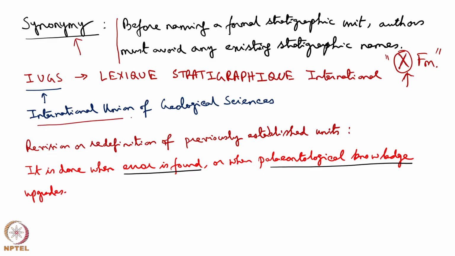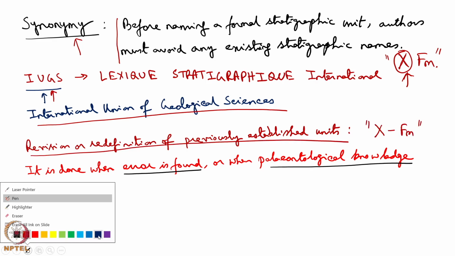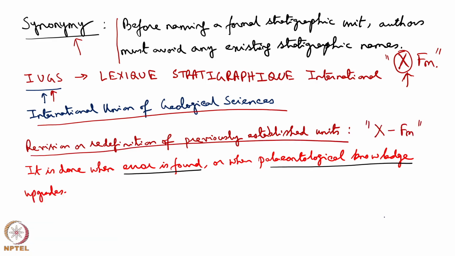The International Union of Geological Sciences, IUGS, is much involved in stratigraphic studies, synthesis, discussions. Revision or redefinition of previously established units: suppose a stratigraphic unit X Formation has been defined, but then subsequent field work proves that this is not sufficient and correction is required.